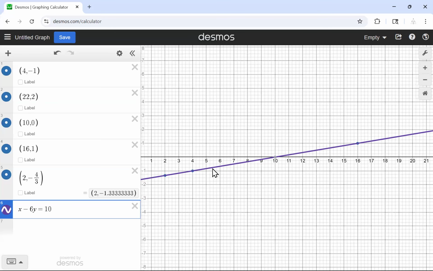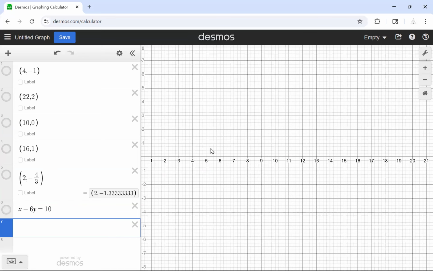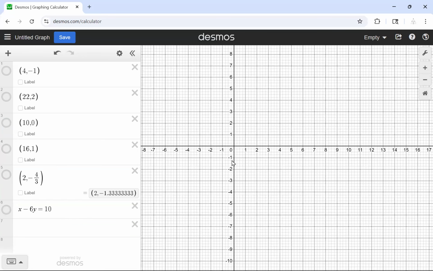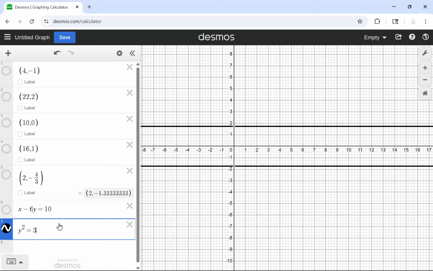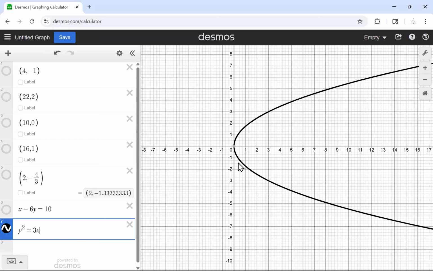So this is the graph of x minus 6y equals 10. Now we could do the same thing for y squared equals 3x, but just for the sake of time, let's utilize this technology, Desmos, to graph y squared equals 3x.